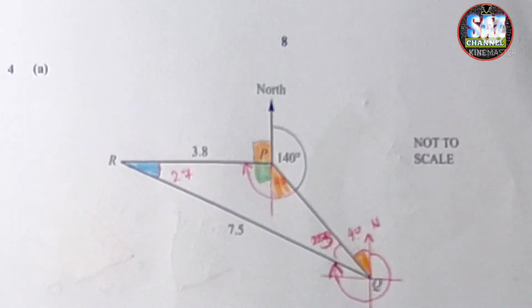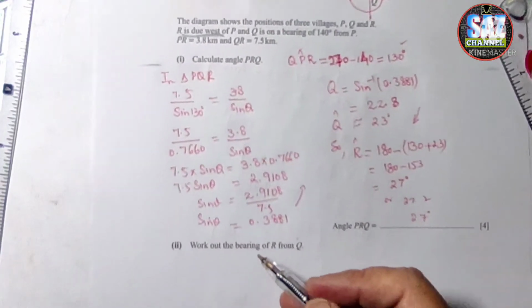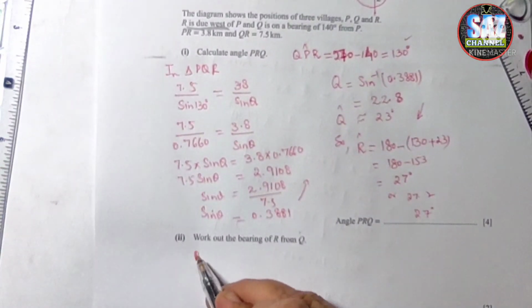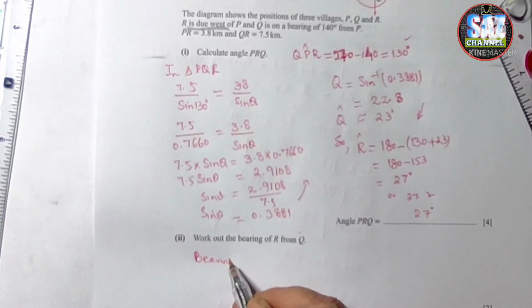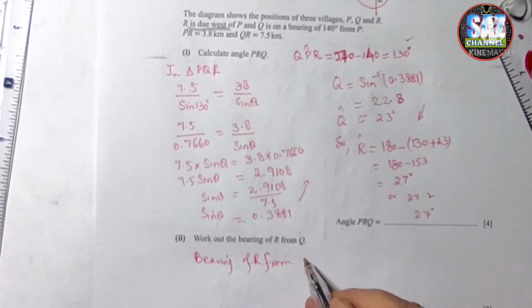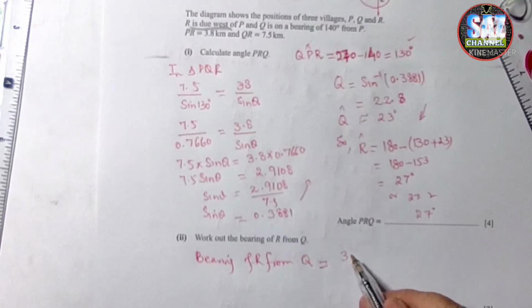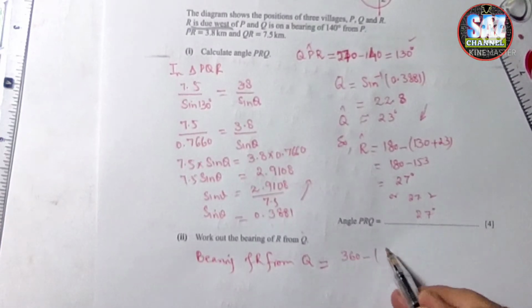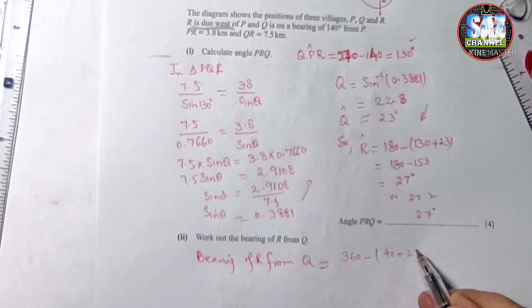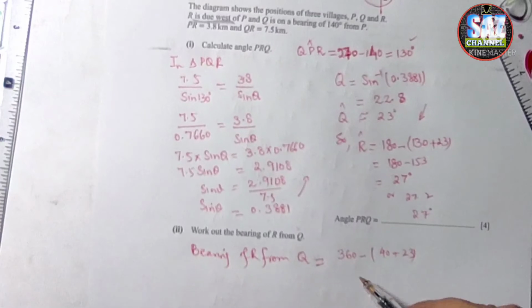So the bearing of R from Q equals 360 minus 40 plus 23. 40 plus 23 is 63.